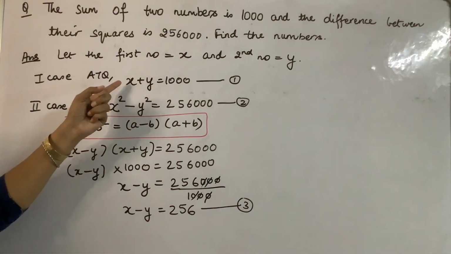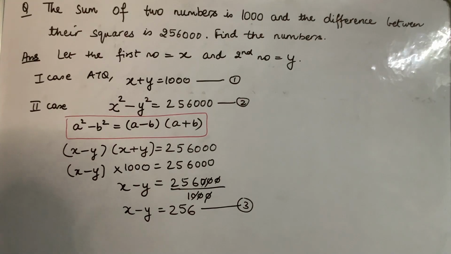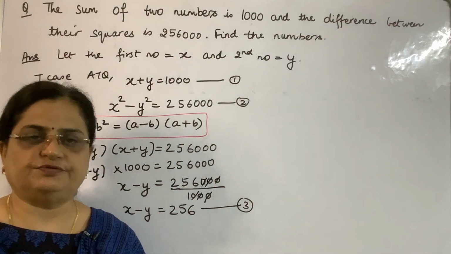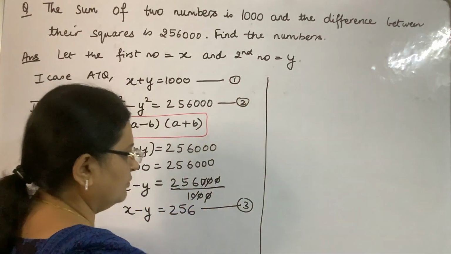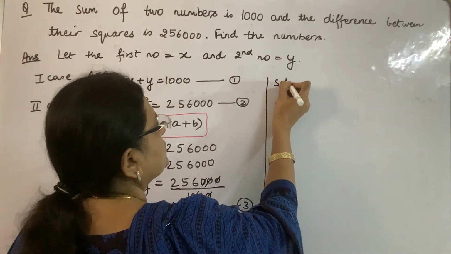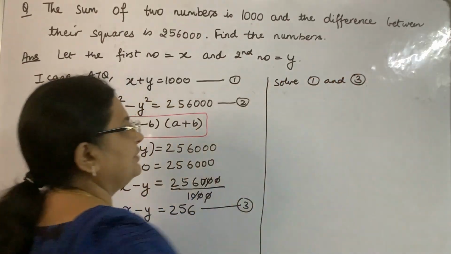Now you have two linear equations in two variables. First is x plus y is equal to 1000 and the second is x minus y is equal to 256. Now what do we do? Yes, correct. We solve both the equations. So solve 1 and 3.